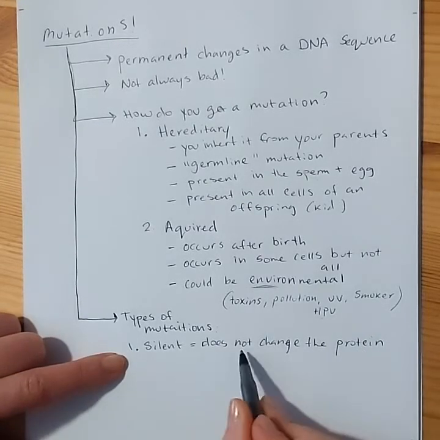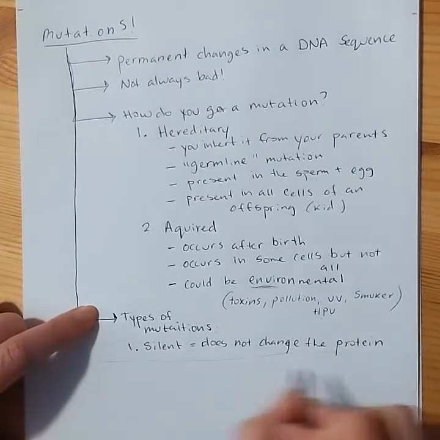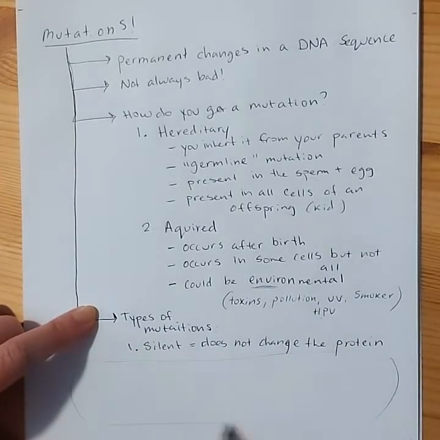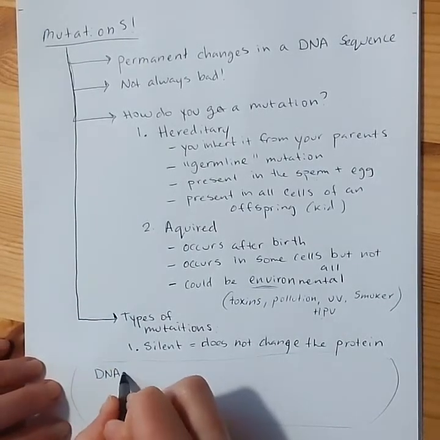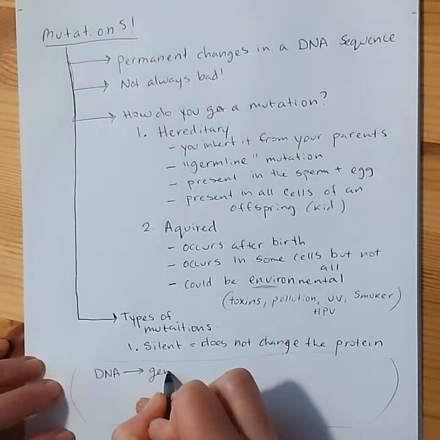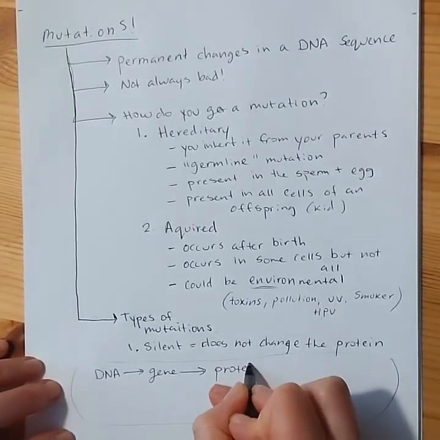Let's take a moment and break this down. So we know, this is just like our thought bubble now, okay? This is our side note to ourselves. We know that DNA is so important because DNA has these little pieces called genes, and genes are used to make proteins.